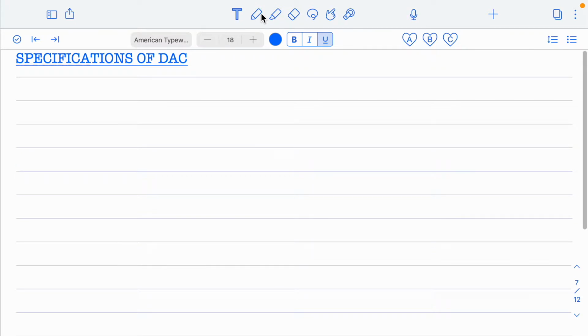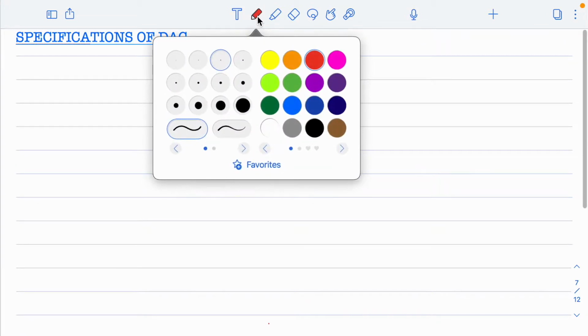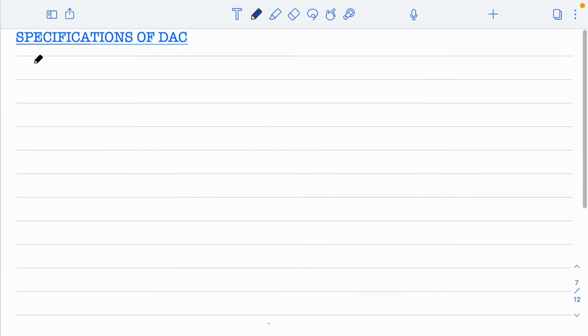In that line, we can classify the specifications of DAC broadly into two. One set we call static specifications, and another category we call dynamic specifications, right?